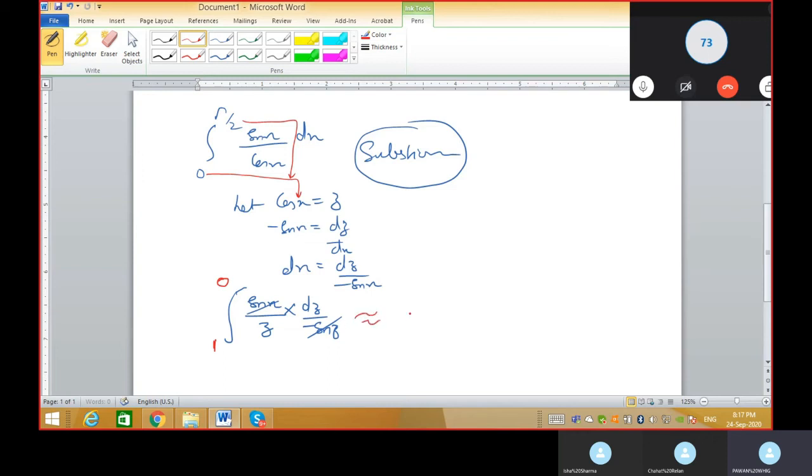Now your question will become integral from 1 to 0 of dz by z with a minus sign, because this is the minus sign. So dz by z is nothing but the log of z, and you have to keep this minus sign over here. Then again the same steps, upper limit minus lower limit, put log of 0 minus log of 1.